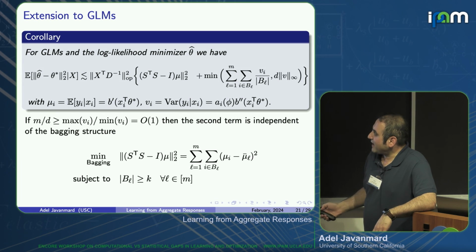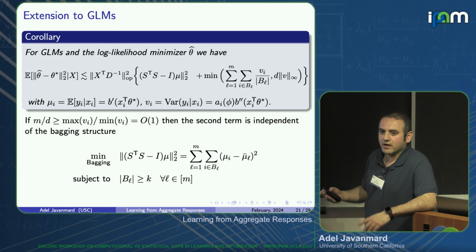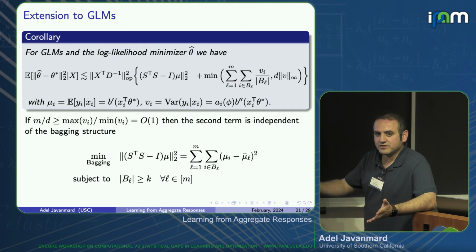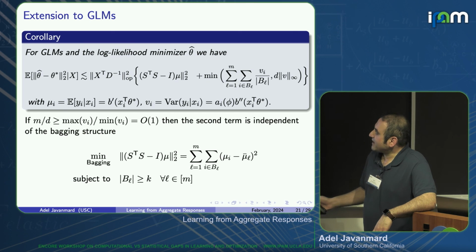But what happens is that if m over d, where m is the size of the bag, it's n over k, and d is the dimension, is bigger than the ratio between the maximum and minimum value of v_i, which for many of the common models, if you have bounded features, is order 1. So if this is the case, then you can drop this term. The minimum is achieved by this guy.